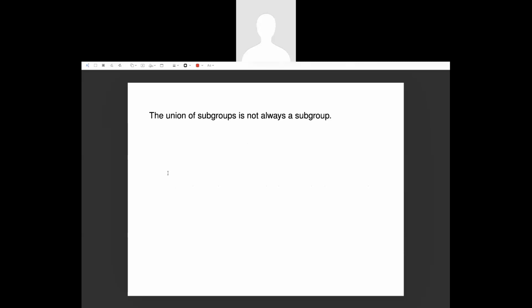Think about this for two minutes, and think of an example. The union of two subgroups is not always a subgroup, which means you have to find a group and take two subsets of it that are subgroups, and then their union should not be a group.